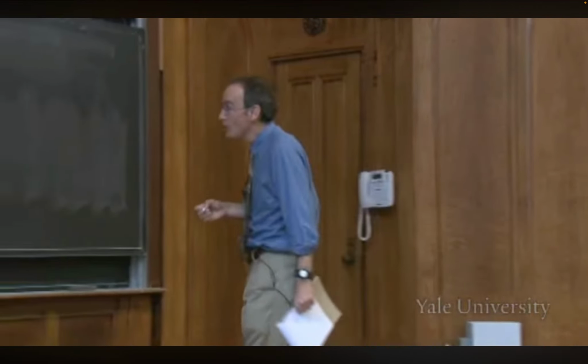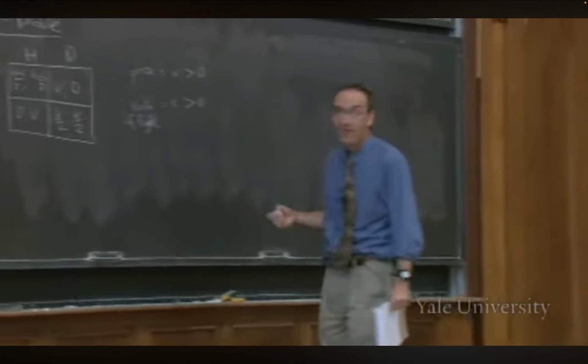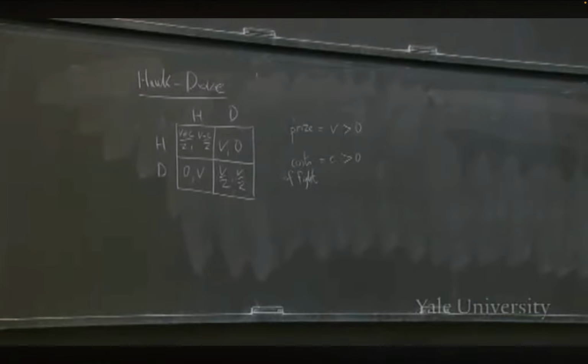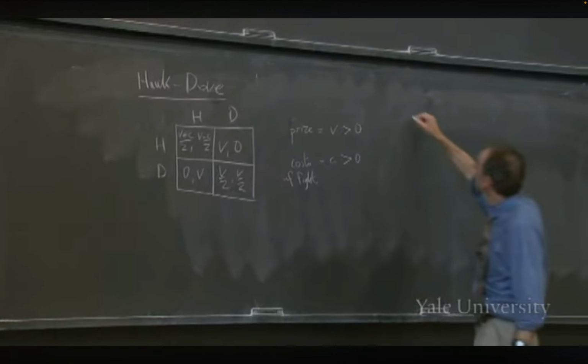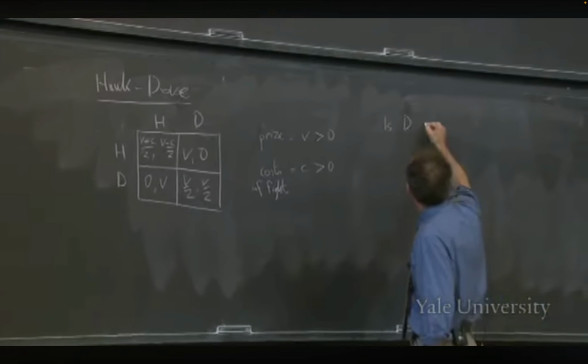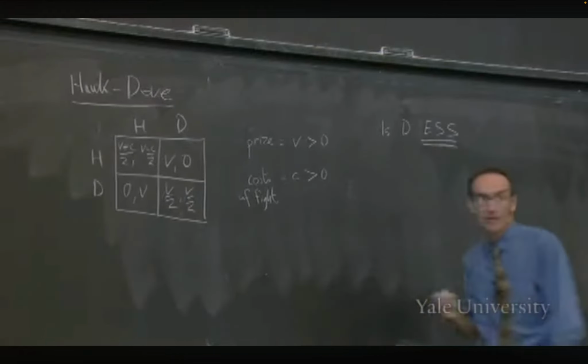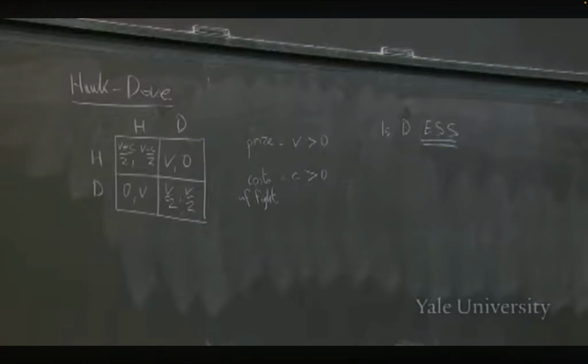Okay, so let's start off by asking, could we have an evolutionary stable population of doves? All right, so is D an evolutionary stable strategy? I'll start using the term ESS now. So ESS means an evolutionary stable strategy.